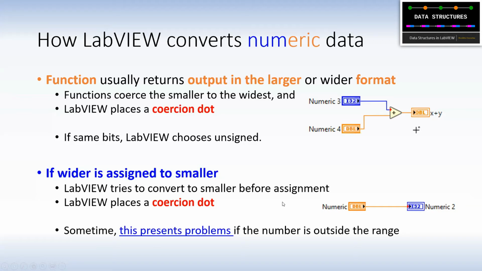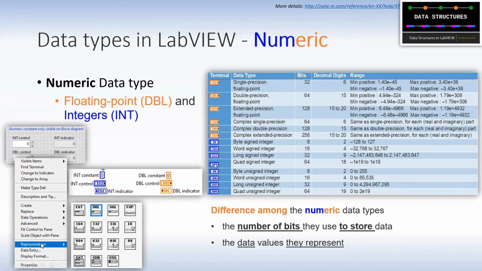Another question: what does it mean when they are the same bits and LabVIEW chooses unsigned? You see here, I32. Its range is minus to plus.